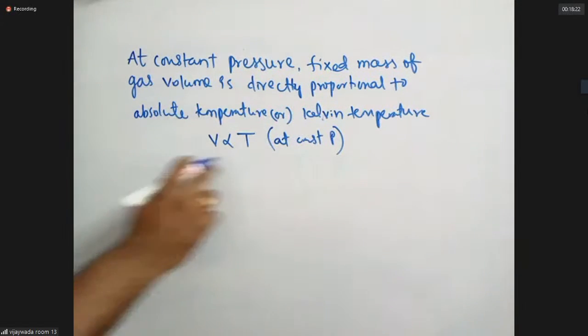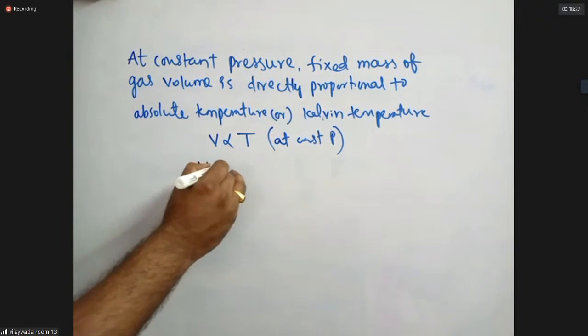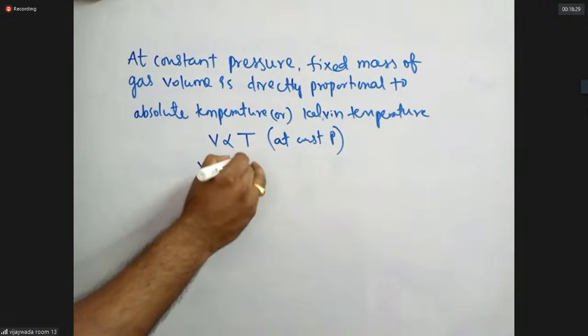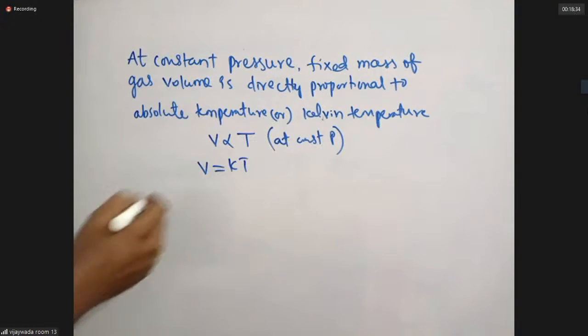So V is directly proportional to T. Proportionality constant: V equal to KT, where K is the proportionality constant.